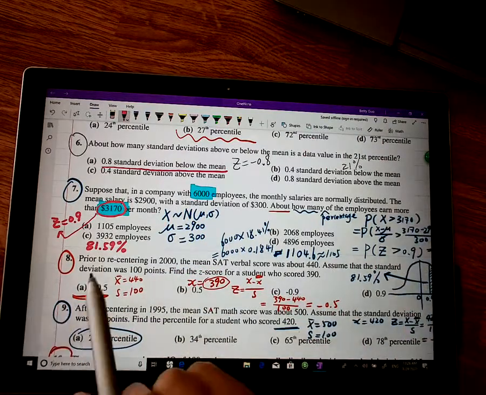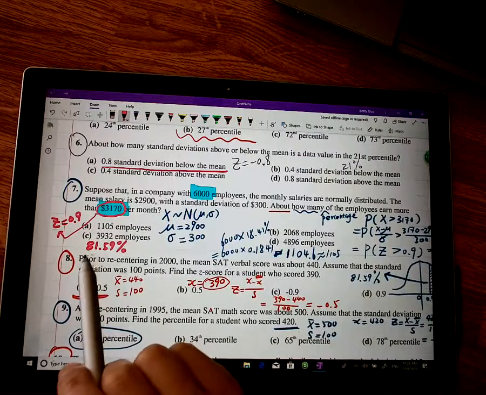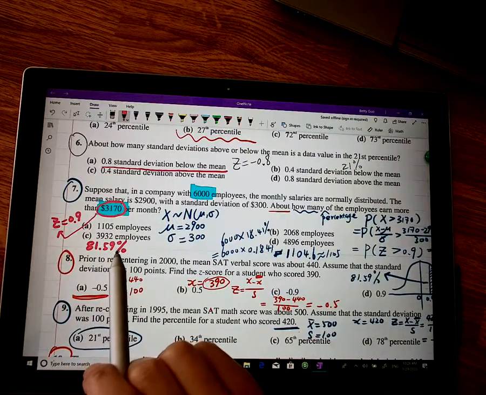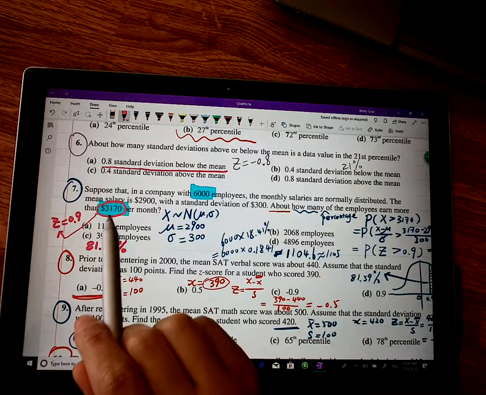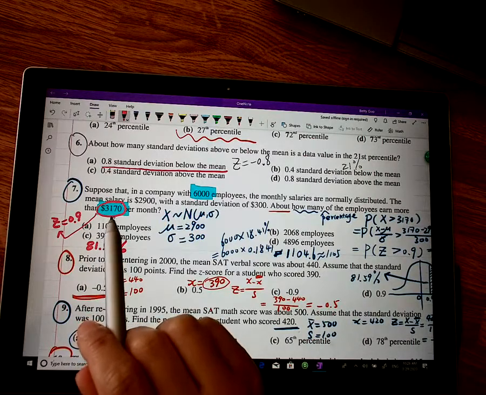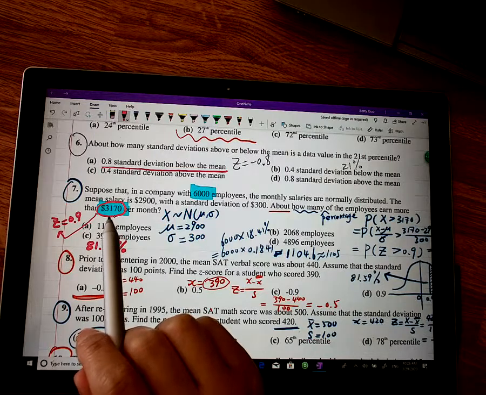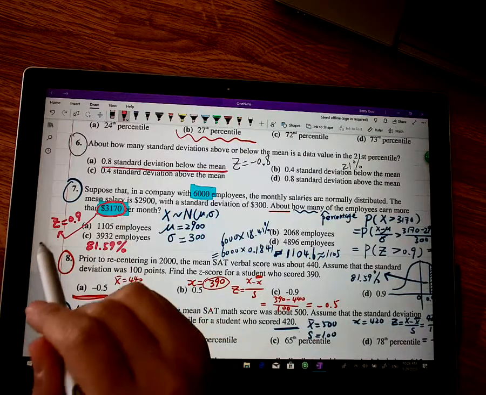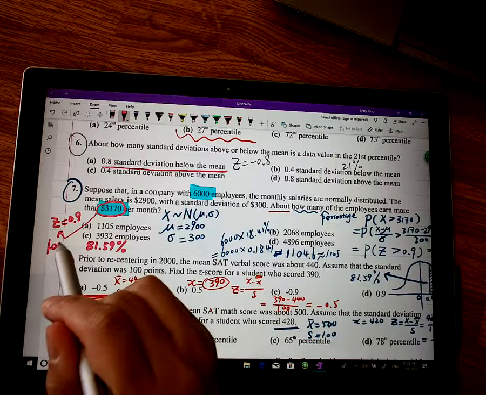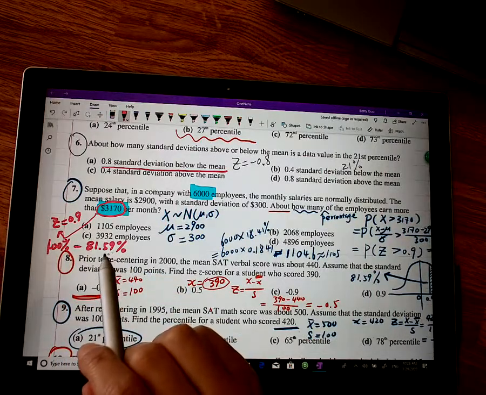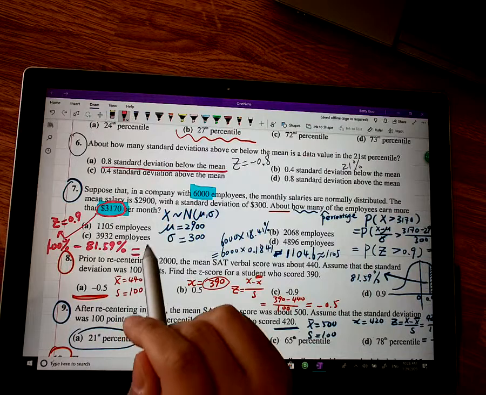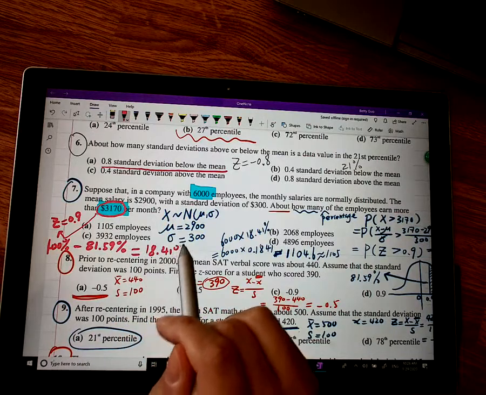Okay, so that means 81.59% of employees earn less than that. Then how many percent of employees earn equal or more than that? We use 100% minus 81.59%, and we have 18.41%.